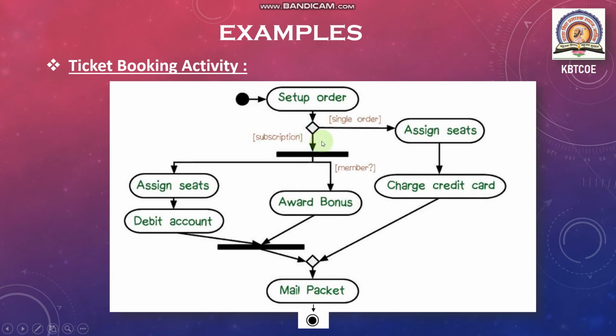And in the second condition, if the user has a subscription, it will assign the seats and debit the account, and parallelly award bonus to the users who have subscriptions. One thing we must note here is how the synchronization bar plays its role in this and how concurrent activities are implemented using forking and joining.